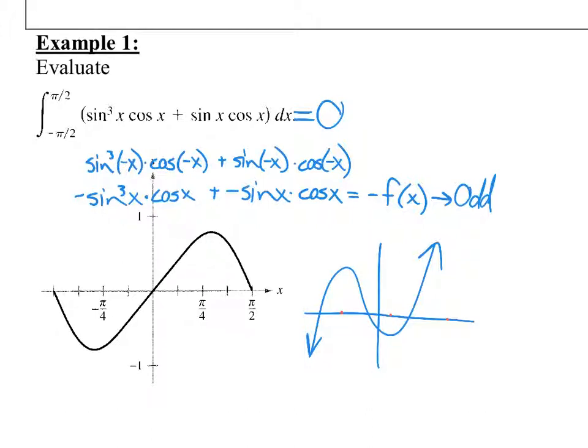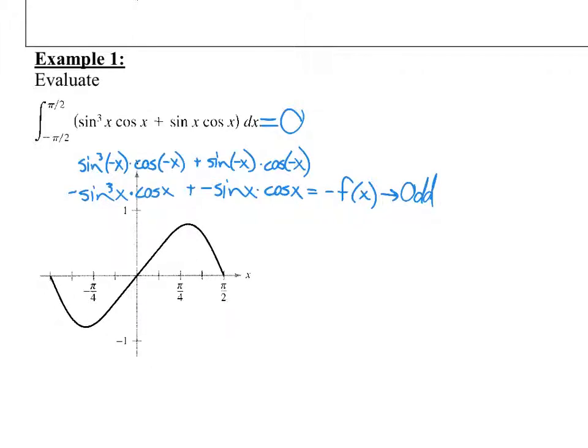And if I were to take this and rotate it around 180 degrees, that one's a little bit harder. It would look like this. Is that the same thing? No. Alright, so that one is not even or odd. And that's okay. Not every function is. Alright? This is just for cases where you do have an even or an odd function.